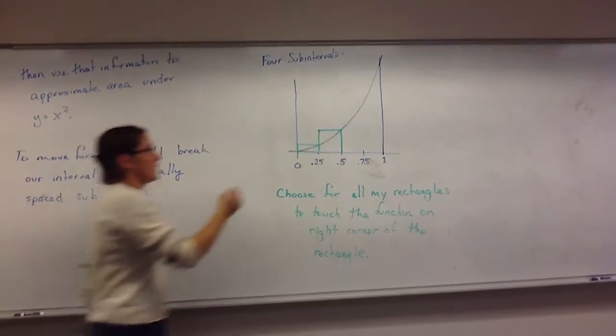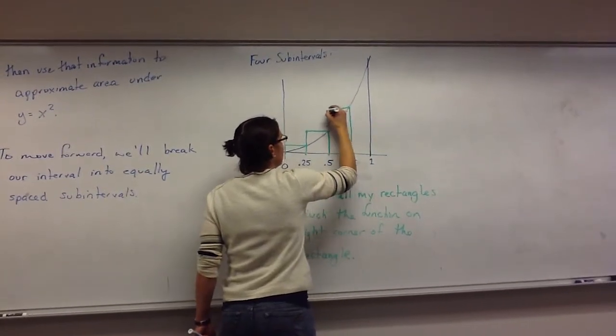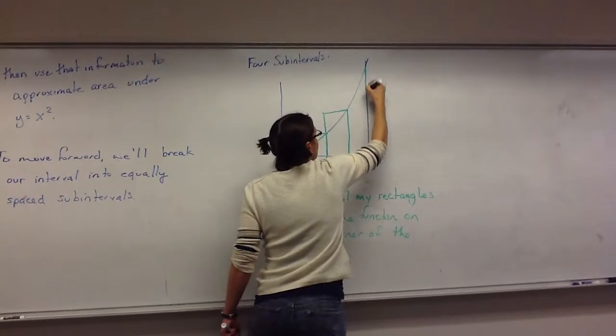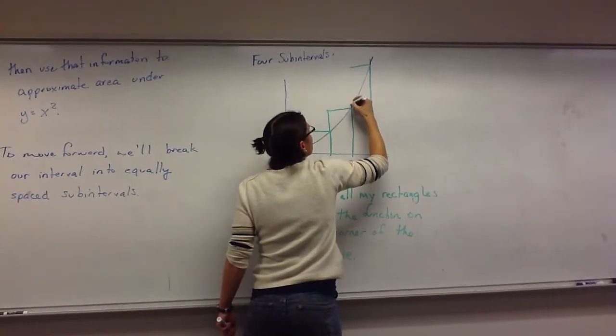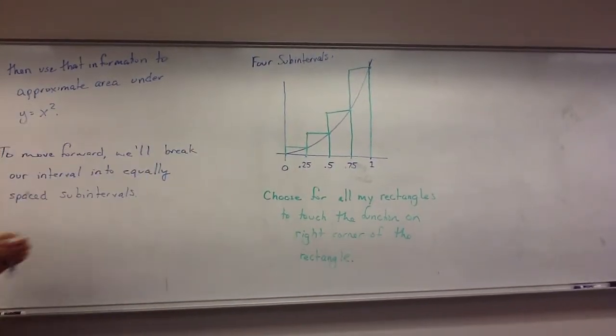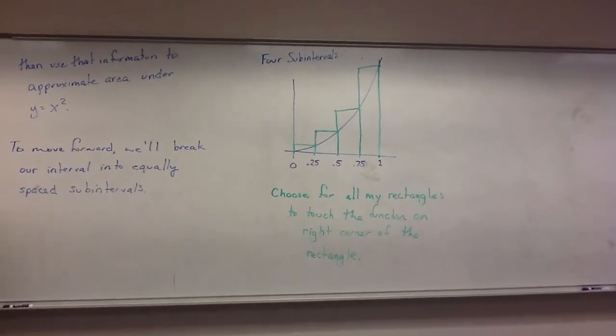And I'm going to keep doing this all the way across, and I should end up with 4 rectangles. And my last one should be over here on the right. So each rectangle is touching the function on the upper right-hand corner of the rectangle.